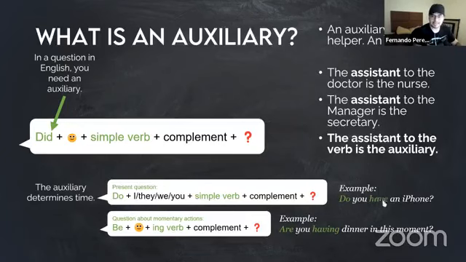As you can see, it's the same verb, but in a different context. You see? Everything is thanks to the auxiliary.